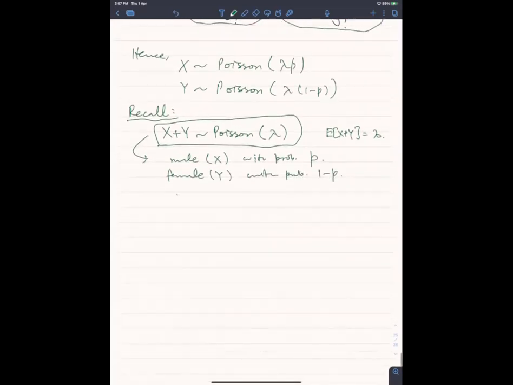Okay, so X turns out to be Poisson with lambda p. So the expected value of X will be lambda p.